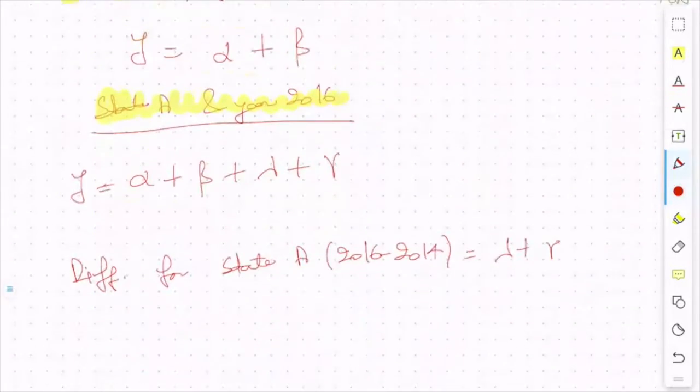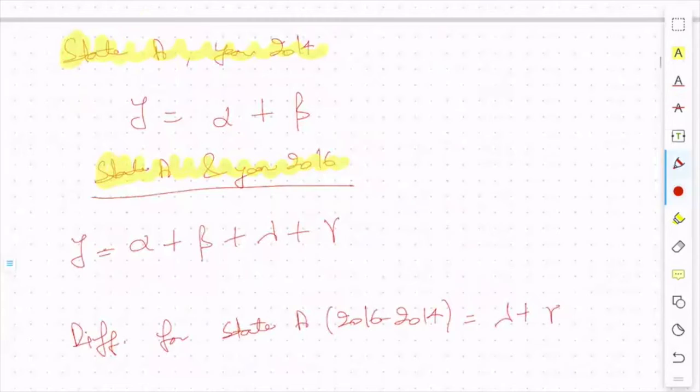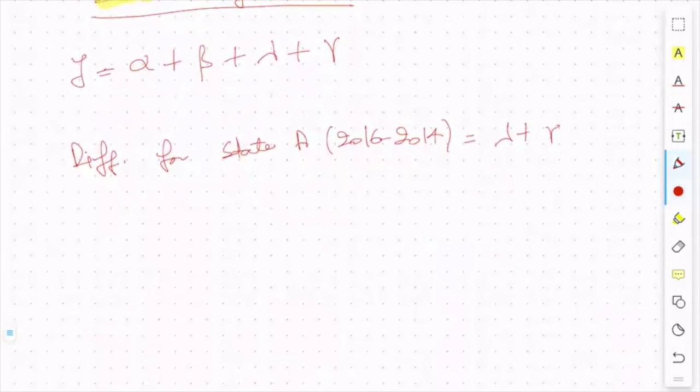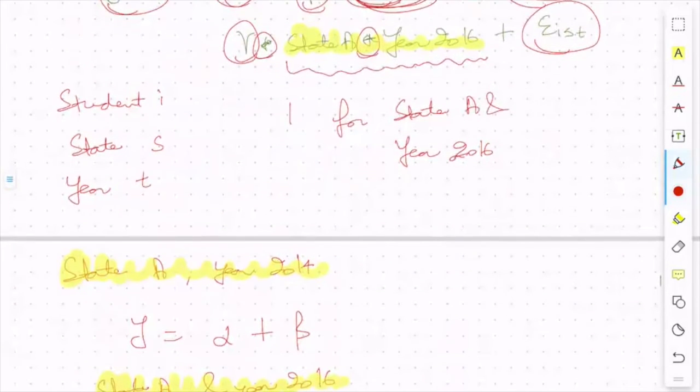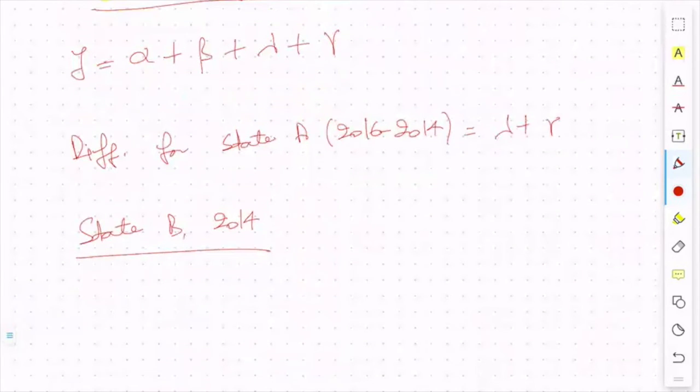Now we can also think about the same terms for state B. So for state B year 2014, alpha will be there, and state A will take value 0 because we're talking about state B. Year 2016 will also take value 0, and this interaction will also be 0 because 0 multiplied by 0 is 0. So we'll actually just have alpha here.